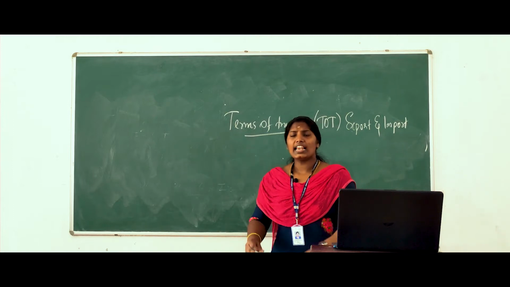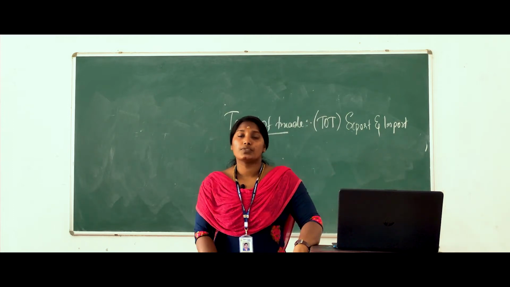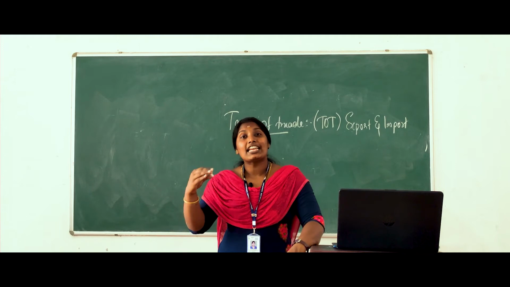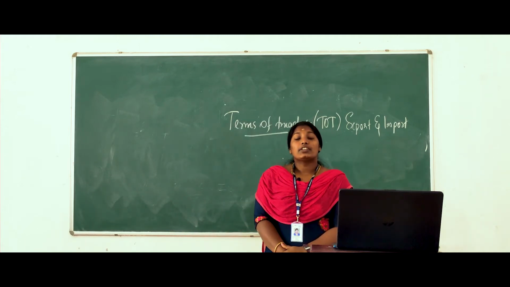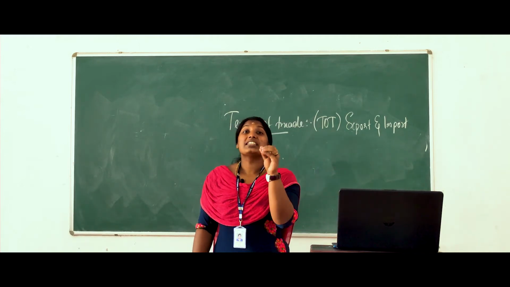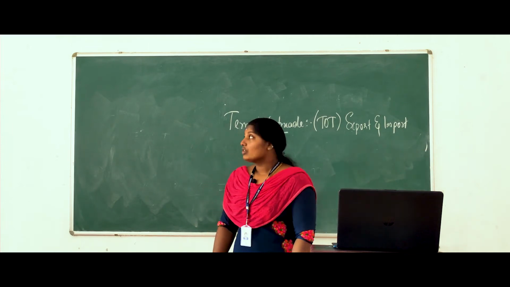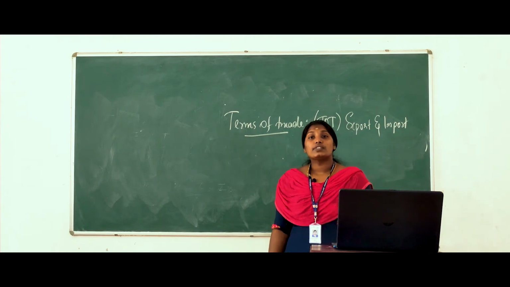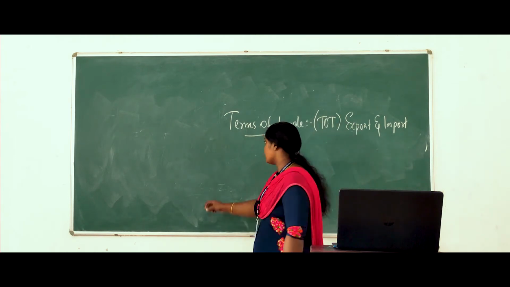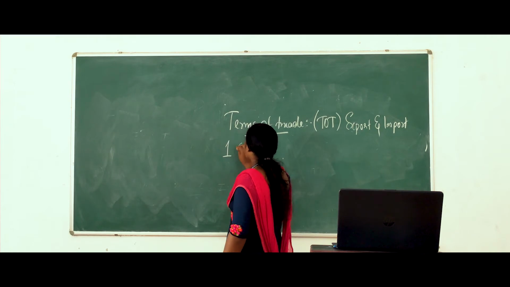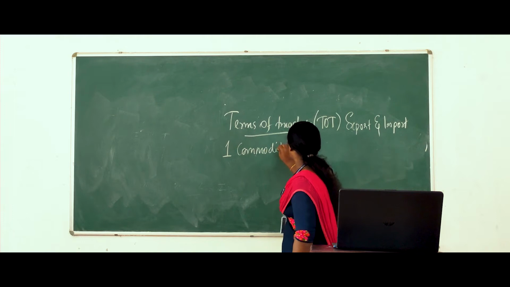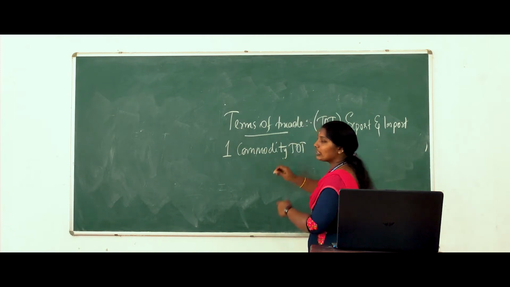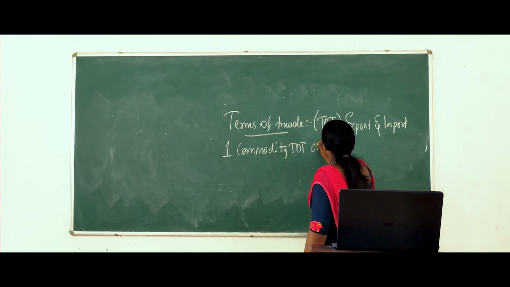So let us examine different types of terms of trade, and what are the issues related to the measurement of terms of trade. First important type of terms of trade is commodity terms of trade, or net barter terms of trade.